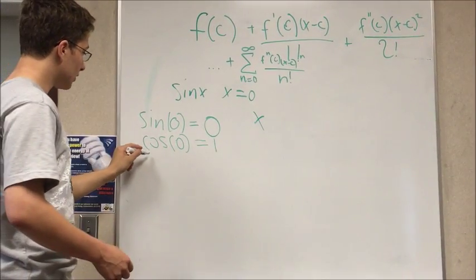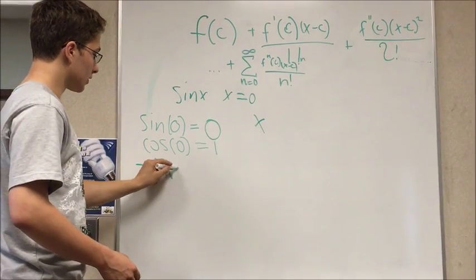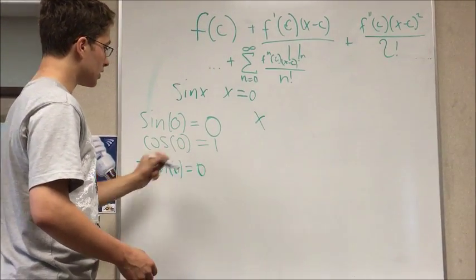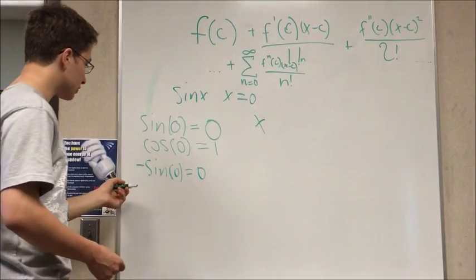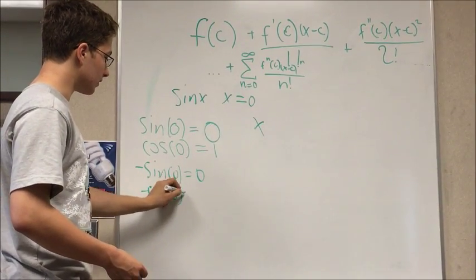Next, moving on, we look at the derivative of that, which is negative sine of 0, which is once again 0. You can see a pattern coming about, as the next term would be a negative cosine of 0, finding that derivative.